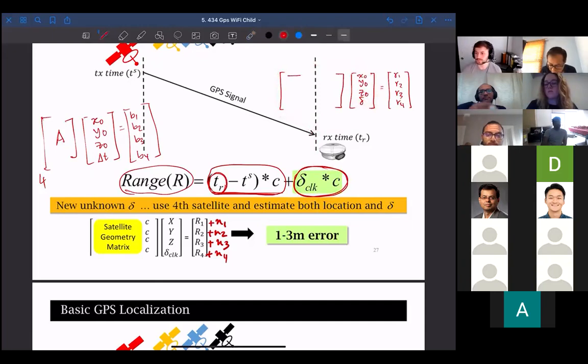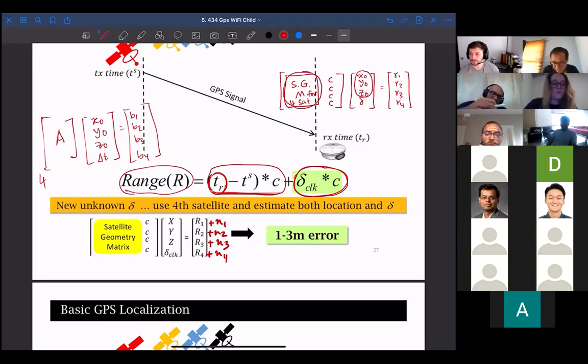You take the satellite geometry matrix for 4 satellites, and then you add C over here. Now look at what happens: this times this matrix, plus delta times C, gives you this.